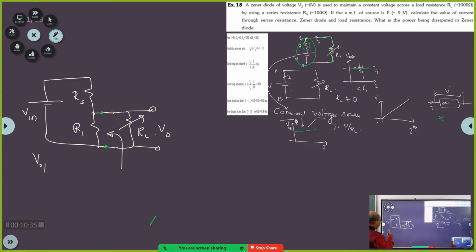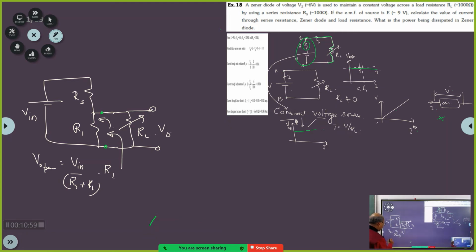What will be the open circuit voltage here? Yes, Vin divided by Rs plus R1, into R1. This is the open circuit voltage. Then the next thing is you will short circuit the source and measure the impedance seen from here. Then it will be R1 parallel Rs, isn't it?